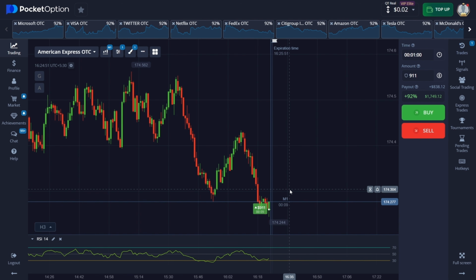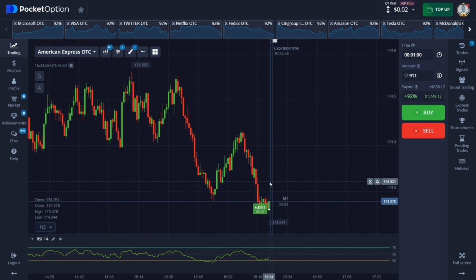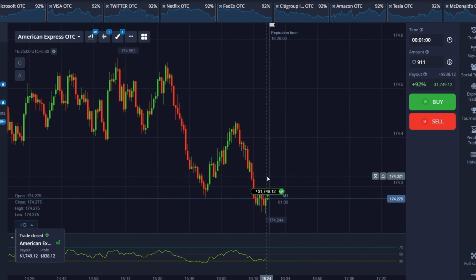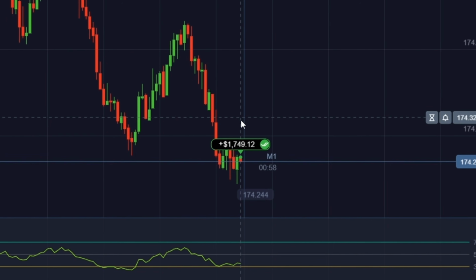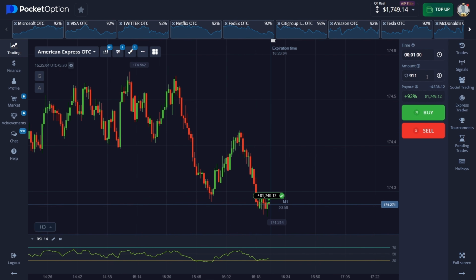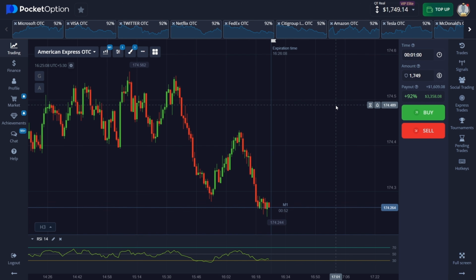Only 10 seconds left, and it looks like a good win. Only a few seconds left, and we won. Our next trade of the compounding session has turned my balance into $1,749. So let's find a trade for $1,749.